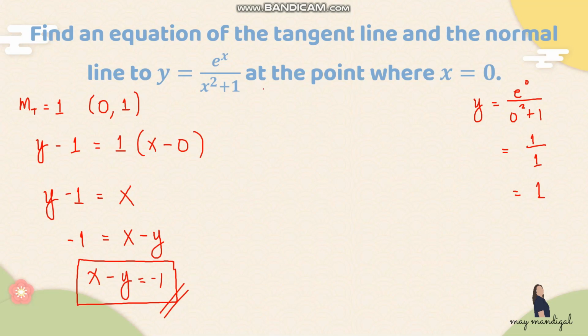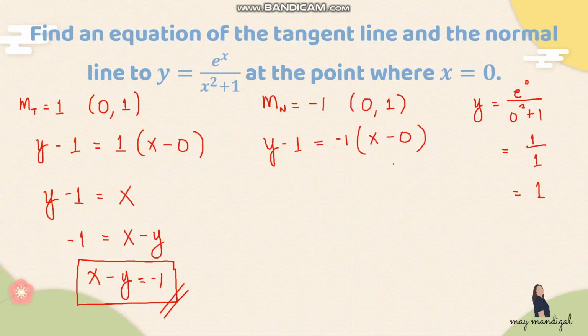Now for our normal line, since the slope of our tangent line is 1, we just have to get the negative reciprocal of the slope of our tangent, and that will be equal to negative 1. And then we will be using the same point, 0, 1. So y minus 1 equals negative 1 times x minus 0.